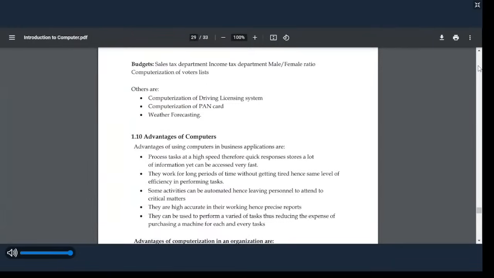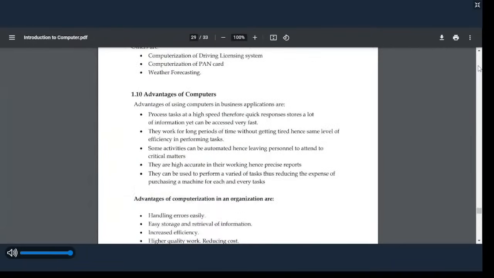They are highly accurate in their work, hence precise reports. They can be used to perform a variety of tasks, thus reducing the expense of purchasing a machine for each and every task.